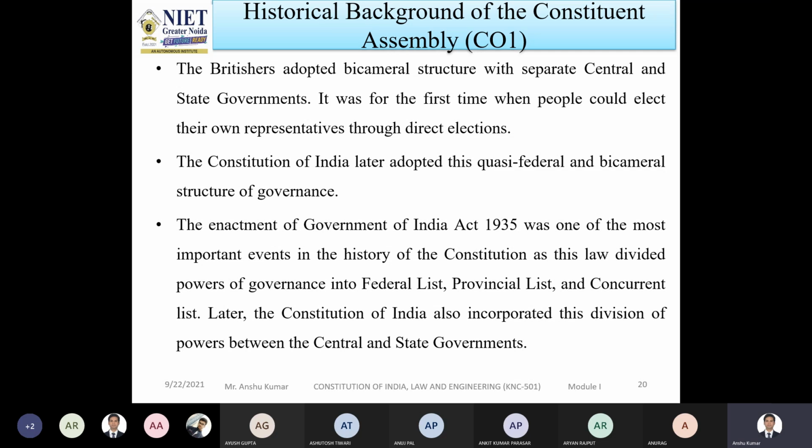Later, it was adopted in the Indian Constitution as a part of the state subject, central subject, and concurrent subject. In the concurrent subjects, both the center and state can make the law, and this part is taken from the Constitution of Australia. You will learn the later part in the subsequent lecture.